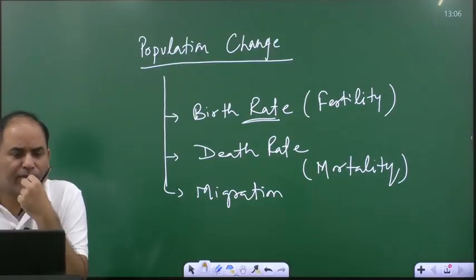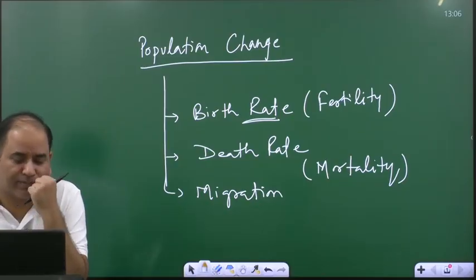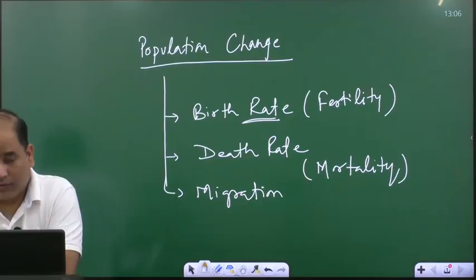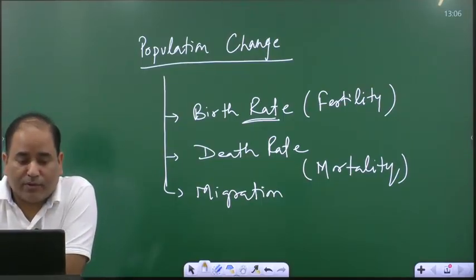There happens to be one population geographer named Zelensky. You can write: Zelensky has also added one more factor in population distribution, that is social disaster.